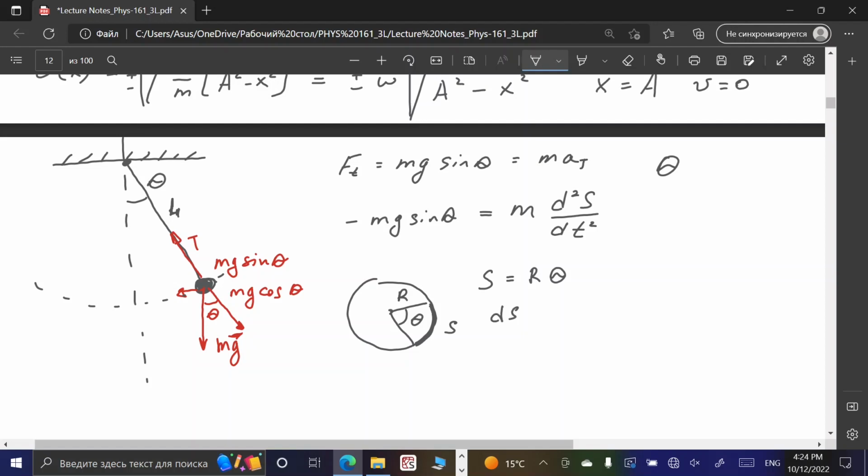So ds, like small displacement of the block attached to the rope, will be equal to L, length of the pendulum, times d theta, like small change of the angle. So we can write that tangential acceleration, which is d squared s over dt squared, will be equal to capital L times d squared theta over dt squared.